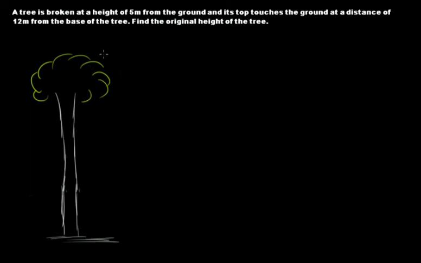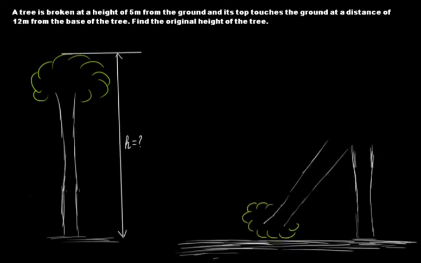If I assume that this is the height, let it be h. We don't know about this, and it is broken at a height of 5 meter. Let's say that it's broken somewhere at a height of 5 meter from the ground, and its top then touches the ground at a distance of 12 meter. So something like this happens.